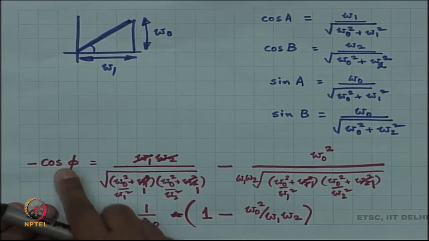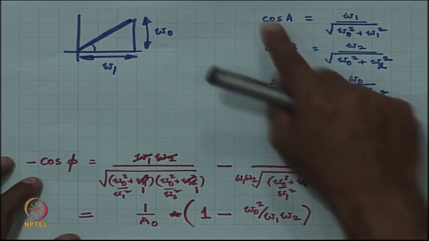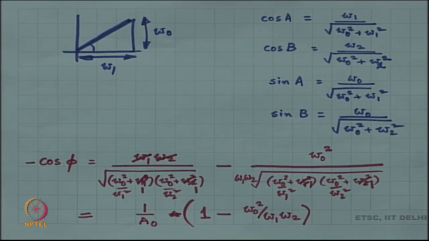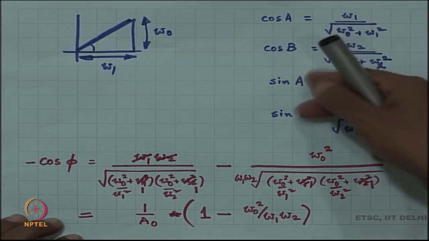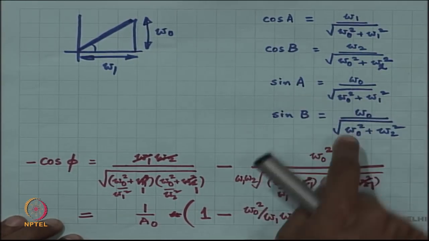So, we had done minus cos phi is equal to cos of minus tan inverse something minus tan inverse something else. Then we did cosine of a plus b is equal to cos a cos b minus sin a sin b. Then I worked out each of cos a, cos b, sin a and sin b.